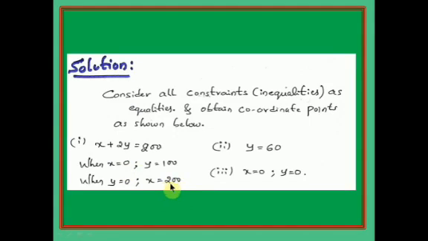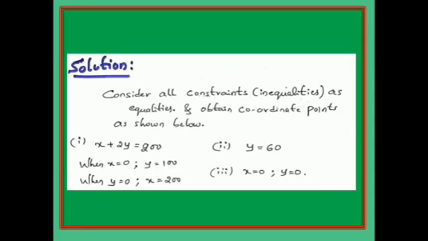So if by chance I am taking on the x-axis 1 centimeter equal to 10 units, then it would become 20 centimeters. It may not be possible to observe 20 centimeters on our paper sheet sometimes. Better to adjust the scale.